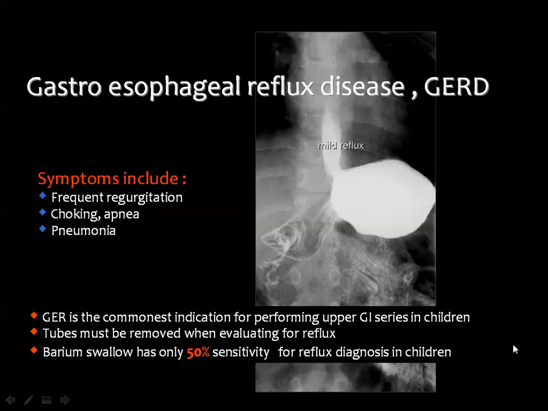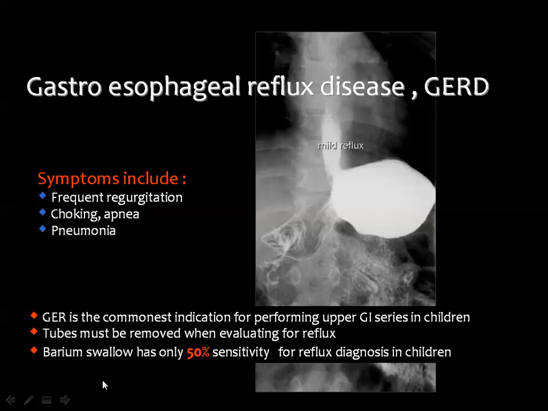Reflux is considered one of the commonest indications for performing barium studies in children. This disease will result in symptoms like frequent regurgitation, choking, apnea, and of course, some aspiration pneumonias.